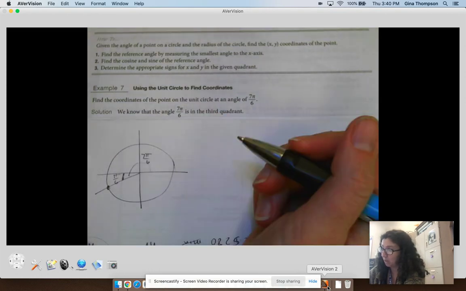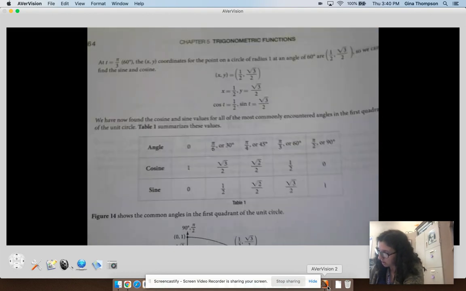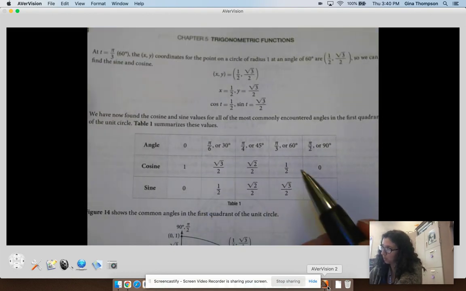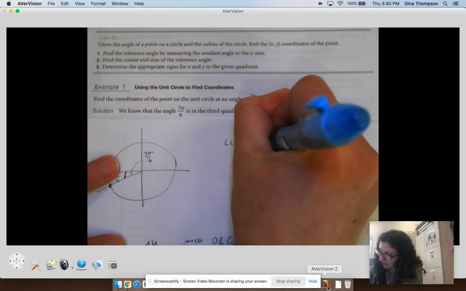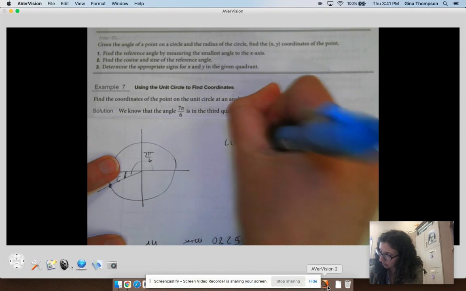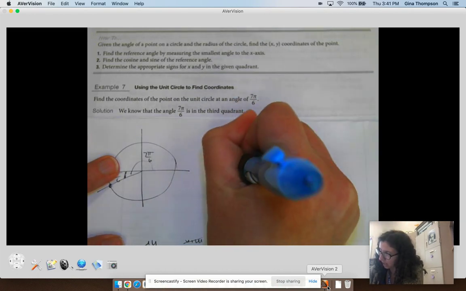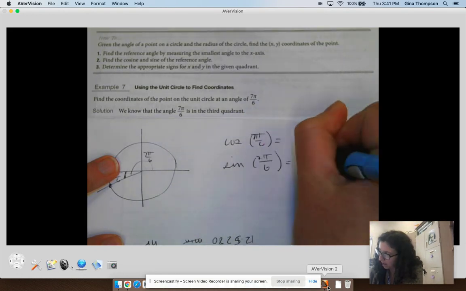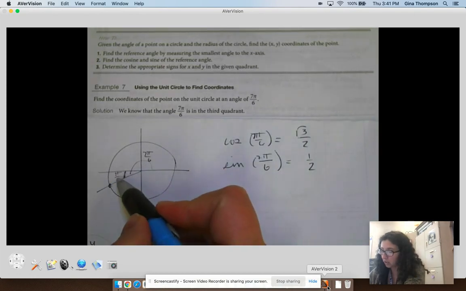Pi 6, that's one of the angles we need to know. Pi 6: cosine is square root of 3 over 2, sine is 1/2. So cosine of 7 pi 6 equals square root of 3 over 2, and sine of 7 pi 6 equals 1/2. And are they positive or negative? Well, in this quadrant, they're both negative.